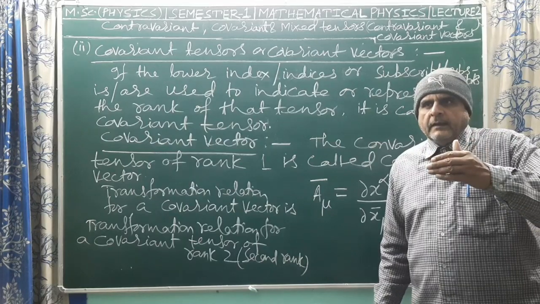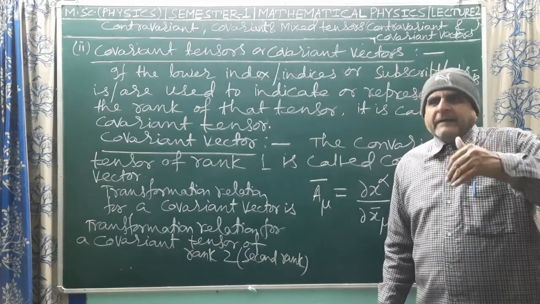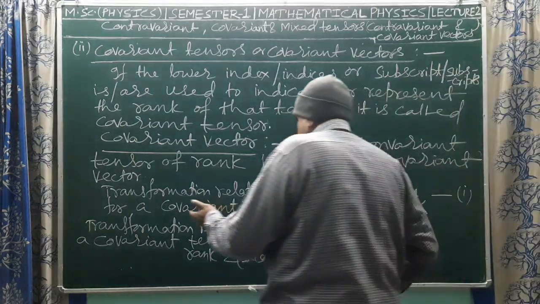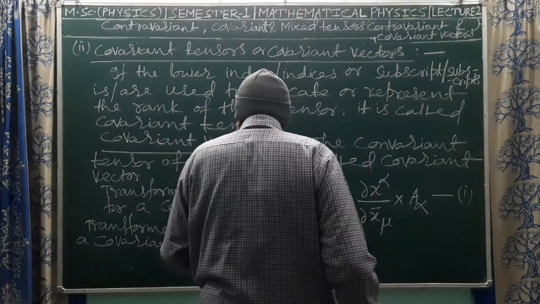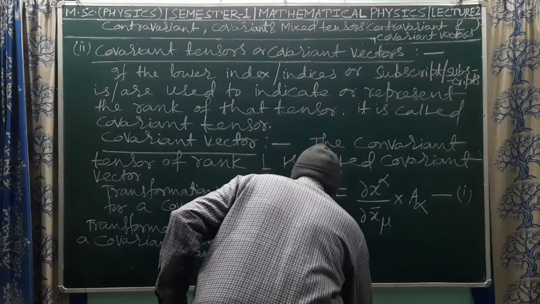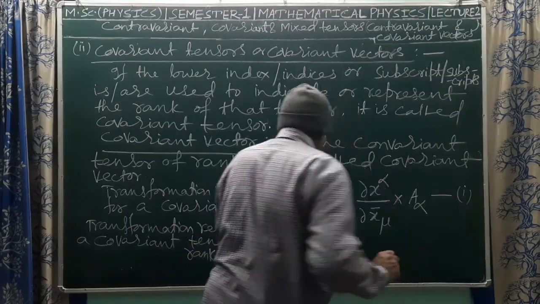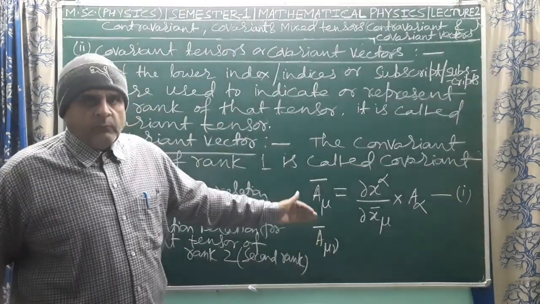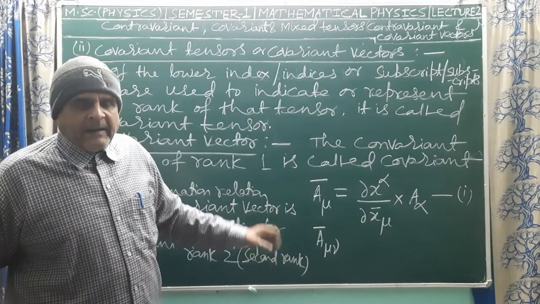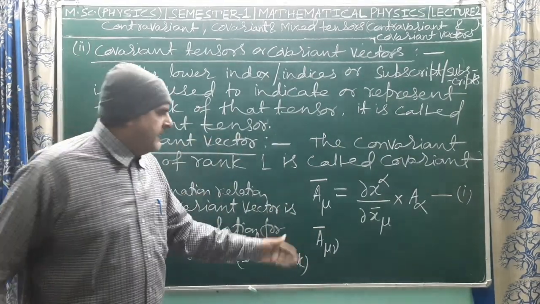Mu and nu are lower indices. So we can write the transformation relation for a covariant tensor of rank 2 as a bar with lower indices mu and nu. There are two indices. Lower indices are used to represent a covariant tensor. कोवेरिएंट टेंसर को रिप्रेजेंट करने के लिए लोअर इंडिसेस का यूज किया जाता है.